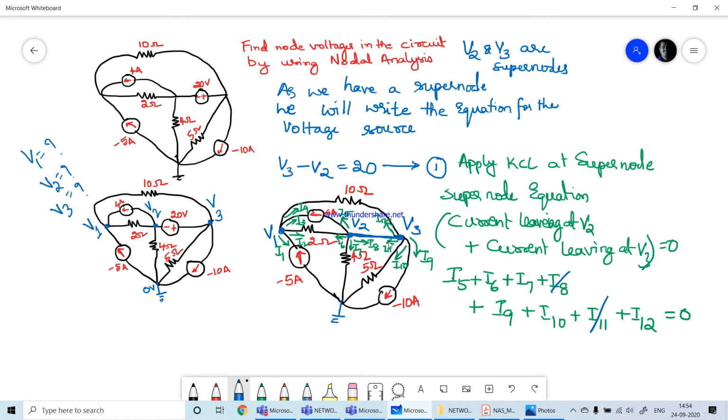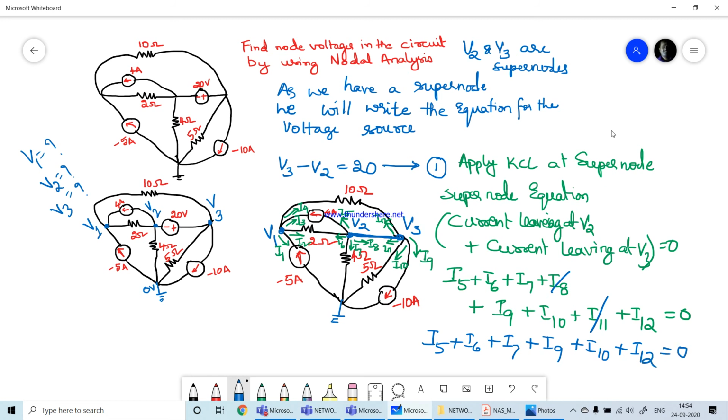Therefore, they get mutually cancelled, because I8 equals minus I11. Both currents are equal, but they are flowing in opposite directions. Therefore, the equation I have is I5 plus I6 plus I7 plus I9 plus I10 plus I12 equals 0.